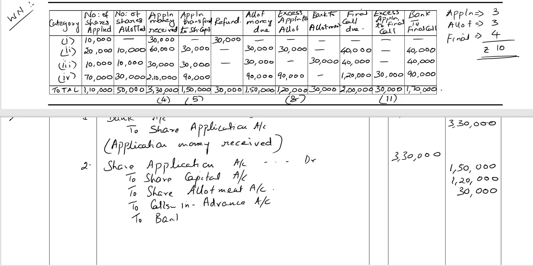To bank account, this is the amount which has been refunded. This is the total of the refund column, the 6th column, amount 30,000.